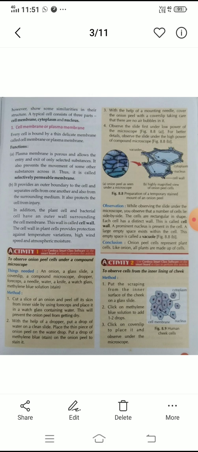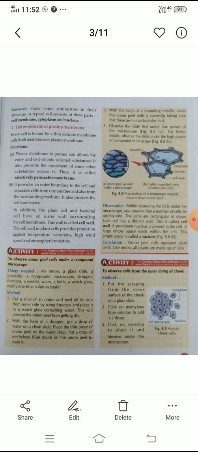On our face, the cheek; and when we see the inner part of the cheek with the help of a magnifying glass, we will see this type of diagram. In activity 2 you have seen human cheek cells.